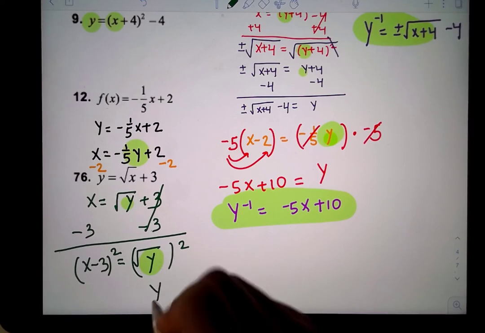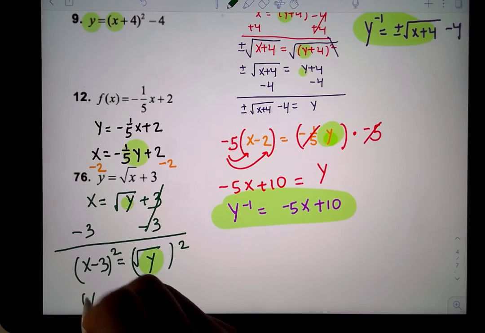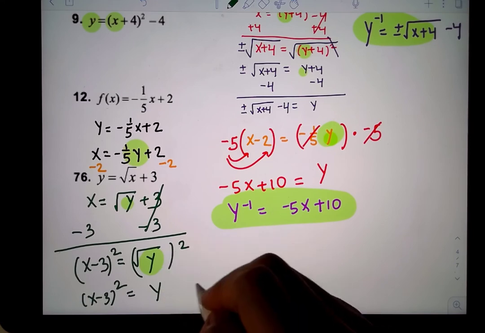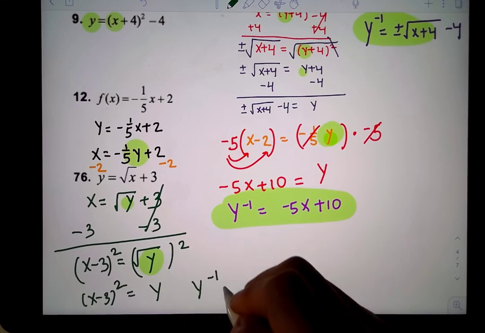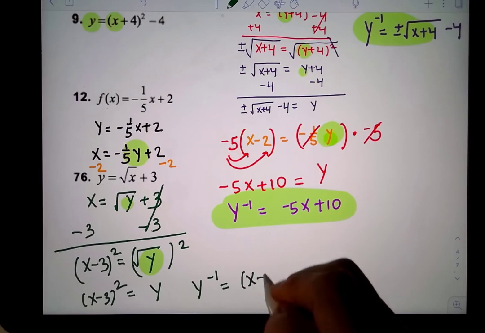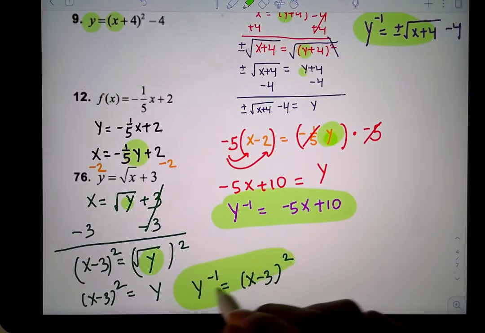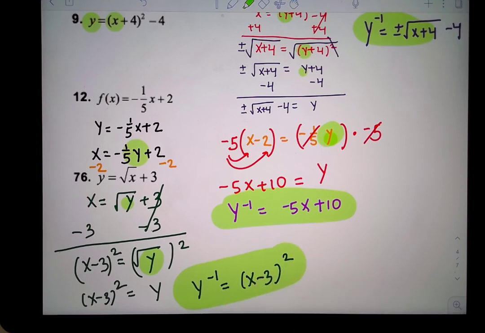So you just keep this. Y equals x minus 3 squared. You don't have to simplify that. That's fine. But when you write the answer, we do y inverse equals x minus 3 squared. So that's my answer for 76. Okay?